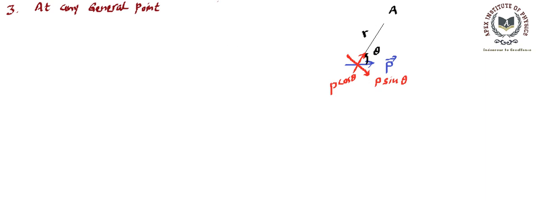So if we combine the two, we can say the potential at point A is going to be equal to, because of p cos theta, k into the dipole, which is p cos theta, divided by r square, plus because of the p sin theta component, this point will be on the perpendicular bisector, and we know at the perpendicular bisector its value is 0.